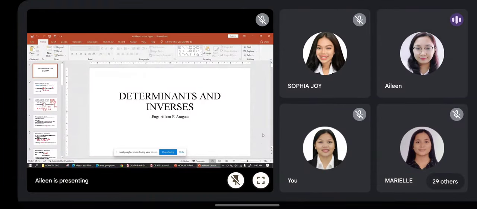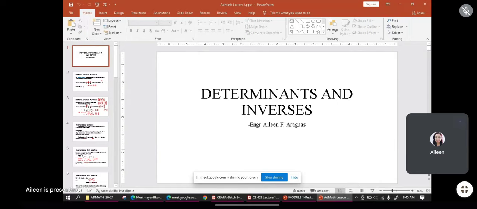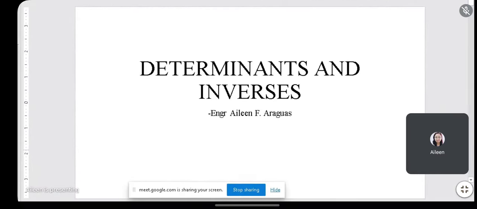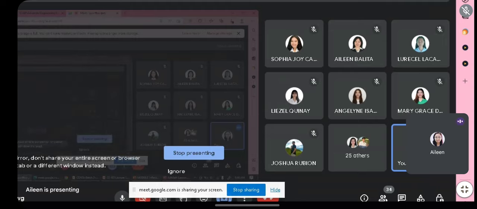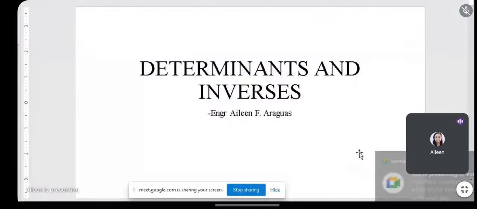Operations pa lang. Tama ba? Yo, ano huli natin diniscuss? Yung matrix nga. Matrix operations, addition, subtraction, multiplication.